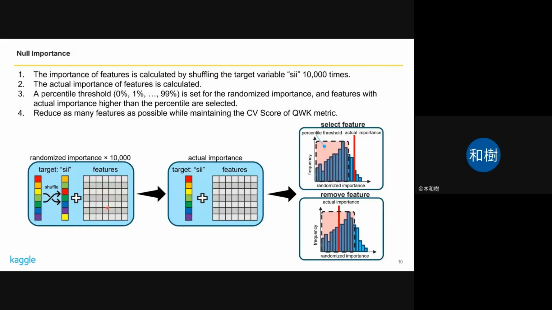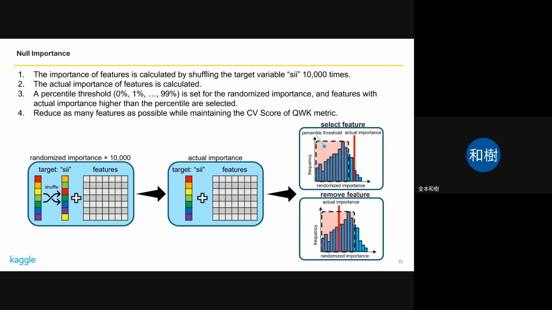First, I'll explain null importance. First, the importance of features is calculated by shuffling the target variable SII 10,000 times. Second step, the actual importance of features is calculated.